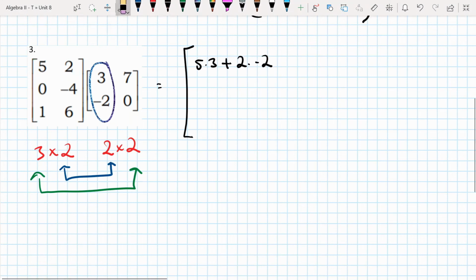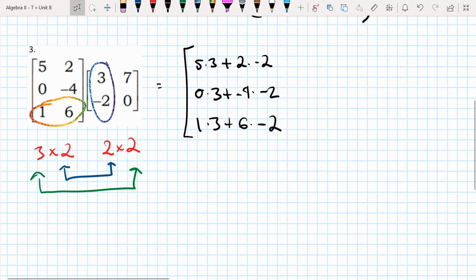Next, let's take the second row: 0 times 3 plus negative 4 times negative 2. Sorry, it's really easy to make small mistakes here. Next one is going to be the third row and the first column. That's 1 times 3 plus 6 times negative 2.